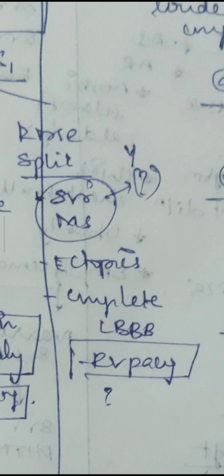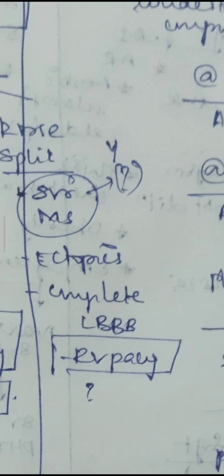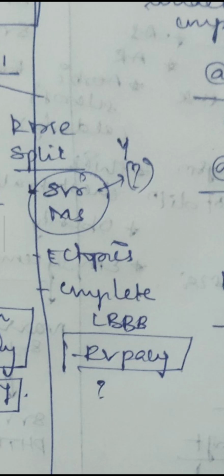And complete left bundle branch block. In complete left bundle branch block, the electrical impulses that pass to the left side are completely blocked, so the right side impulses are faster than the left side impulses. And your ectopics are abnormal foci that generate the electrical impulse.